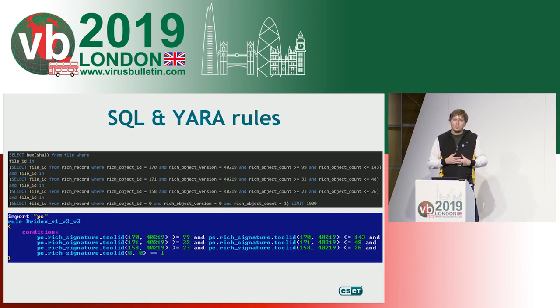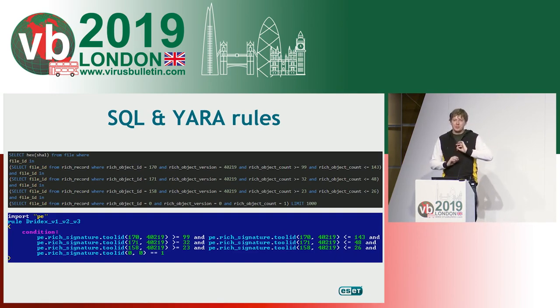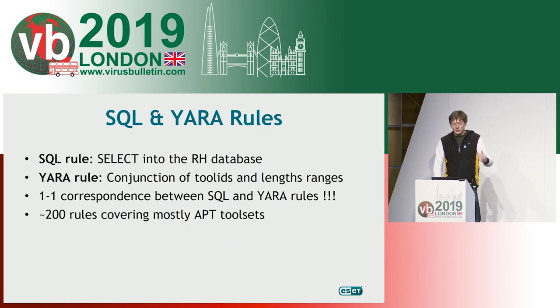You could wonder if this file is already flagged by one of your rules. So YARA is a really good scanner here. And we, of course, need one-to-one correspondence between SQL rules and YARA rules. And in the months that have passed, we wrote about 200 rules, mostly APT toolsets.